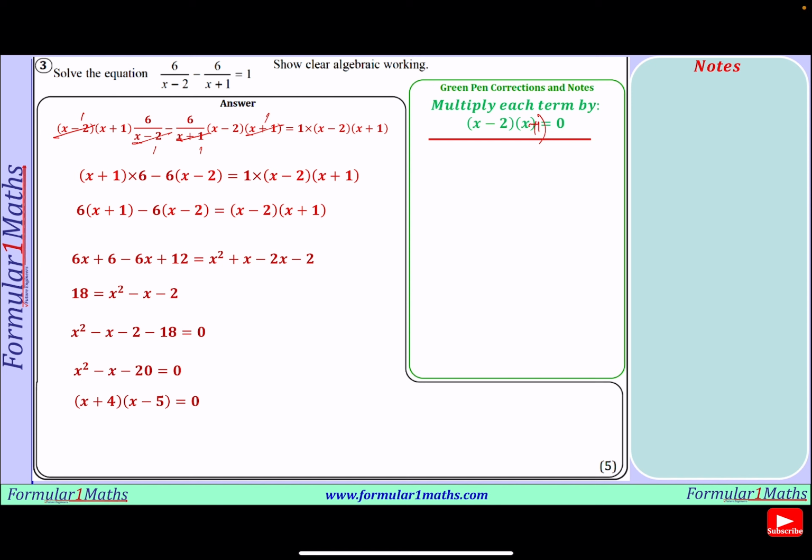So this is my factorization. And then if I solve, I'll get x plus 4 equals 0, or x minus 5 equals 0. That implies that x equals minus 4, or x equals 5. And that's the answer to question 3.